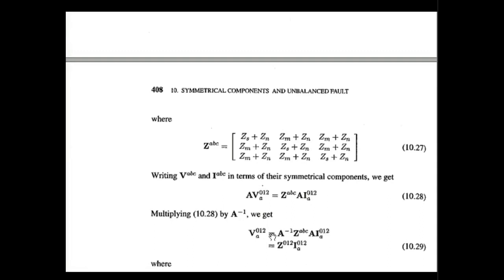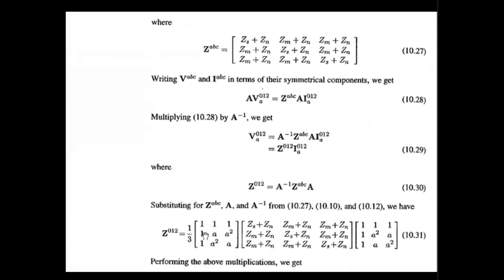So what about the remaining part? This will be the 012 sequence of impedance. So Z012 will be the total of this part. We know the A operator matrix in terms of small a as well as A inverse, and ZABC is already known to us from that KVL matrix. When we have all the three, it will look something like that.